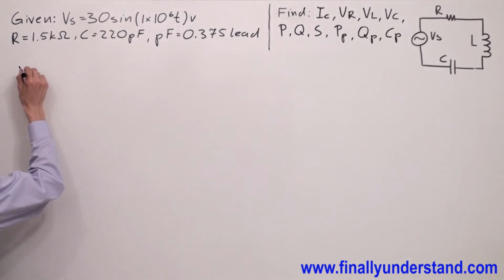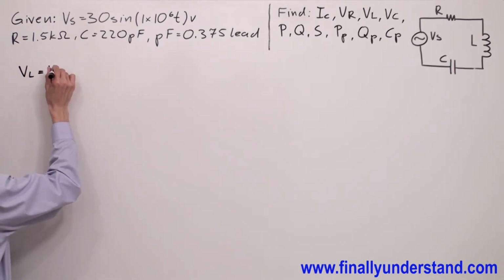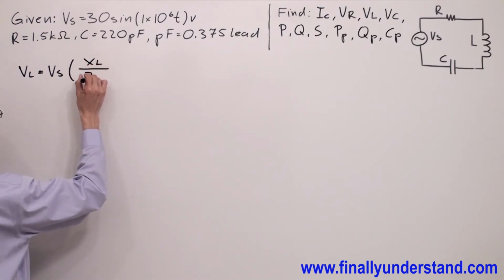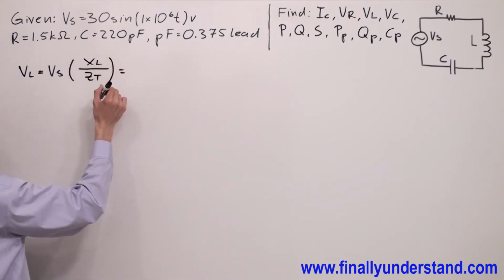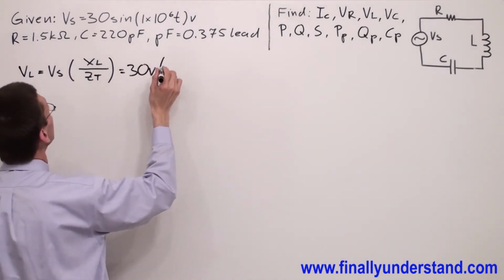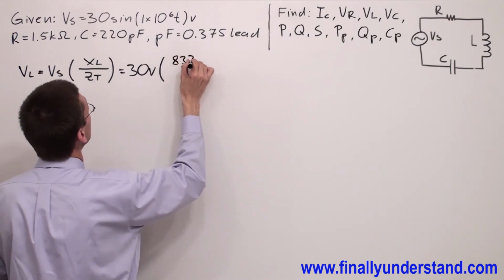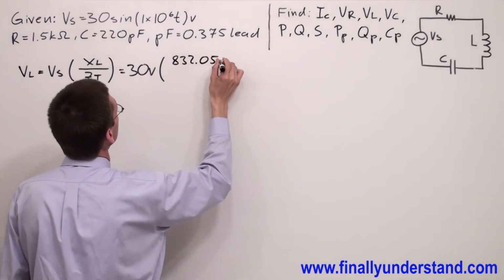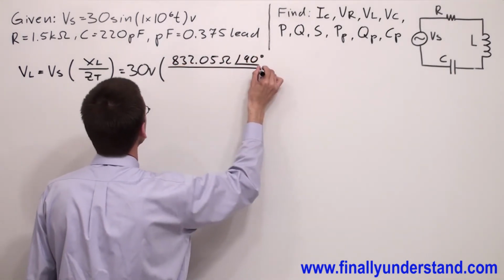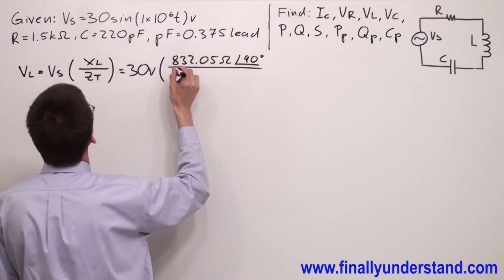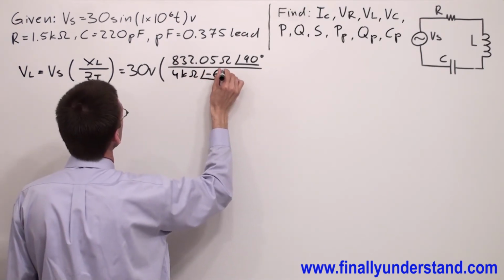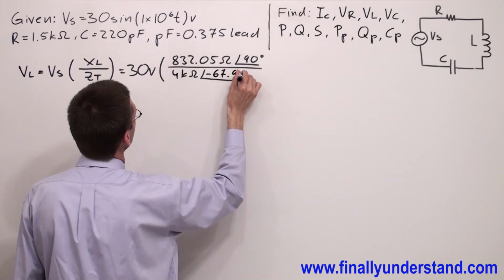So we have VL is equal to voltage source times X of L over Z total, where voltage source is equal to 30 volts, times X of L, 832.05 ohms and angle of 90 degrees, over Z total, which is equal to 4 kiloohms and angle of negative 67.97 degrees.